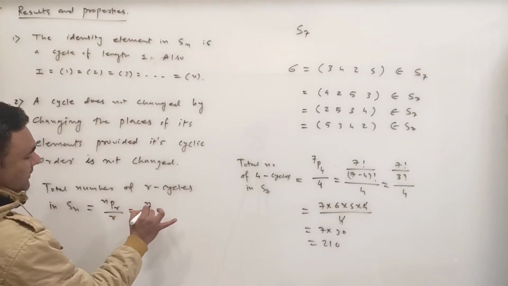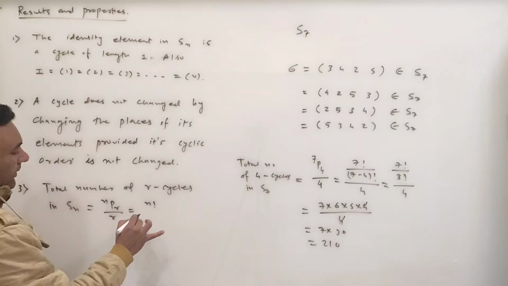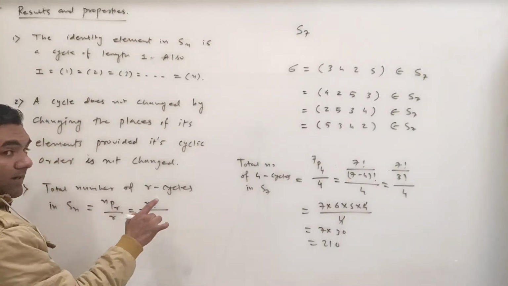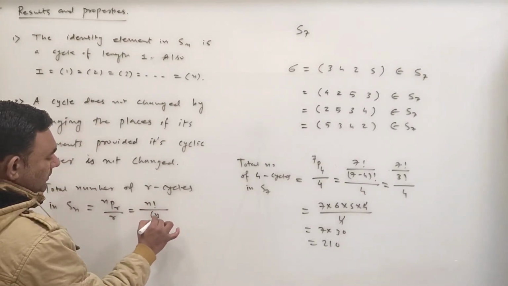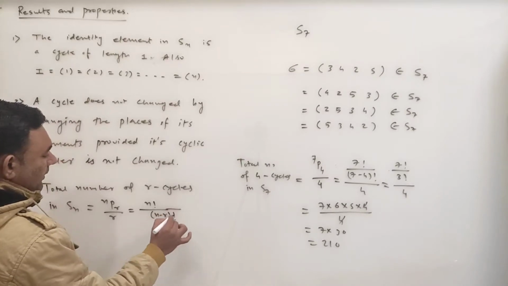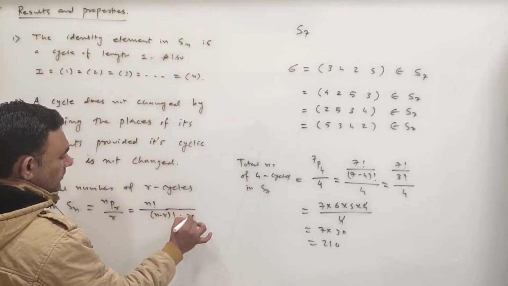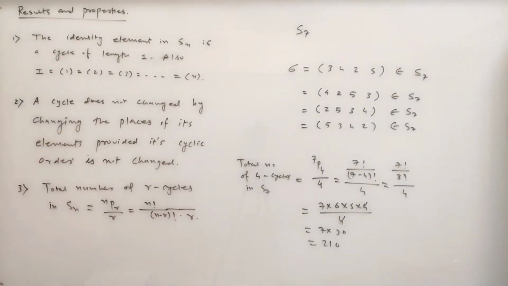That is n factorial divided by (n minus r) factorial into r, this r. So this is the total number of r cycles in Sn.